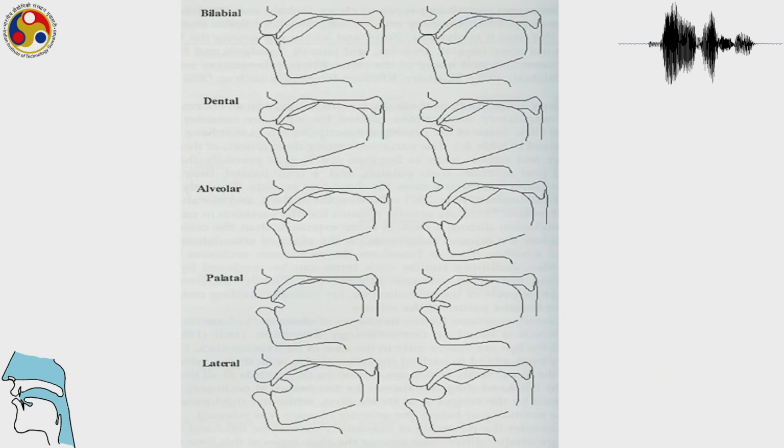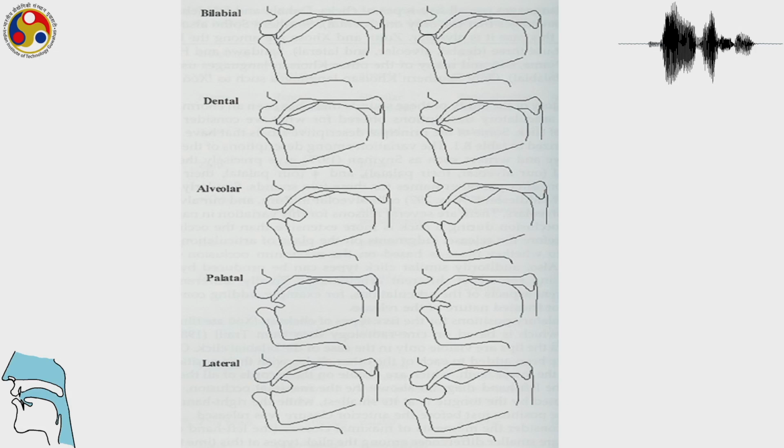So these are the movements in the production of clicks. So we have bilabials here, so we can see the pocket of air created, tongue lowered and a release after that. Dental, and then we can see the pocket of air created, again tongue lowered.